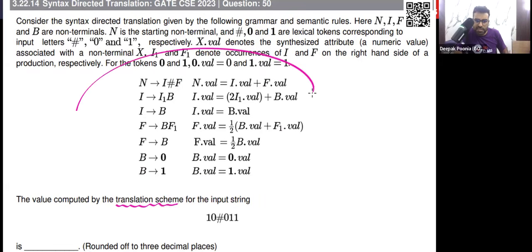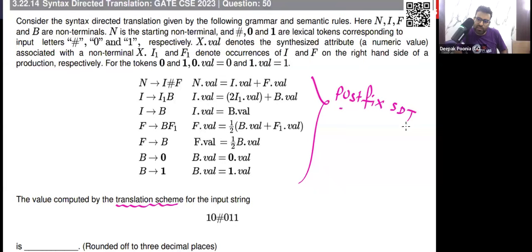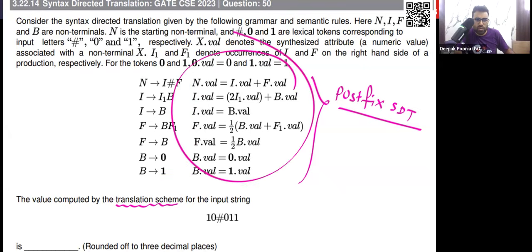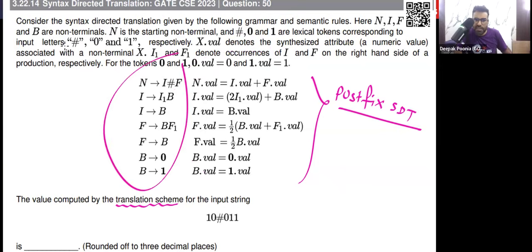Notice one thing: is this a postfix SDT? Tell me, is this a postfix SDT? Yes, this is a postfix SDT, because all the semantic rules are at the right end of the production bodies. Yes or no? All the semantic rules are placed at the right end of the production bodies. So this is a postfix SDT. Now the question is saying N is the starting non-terminal.